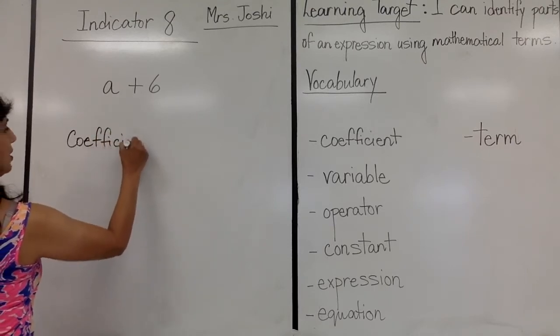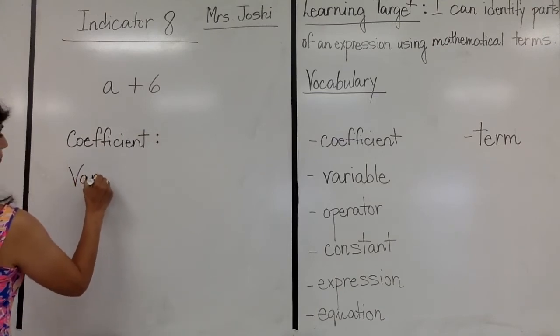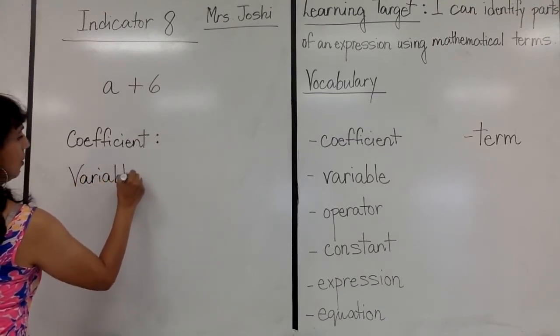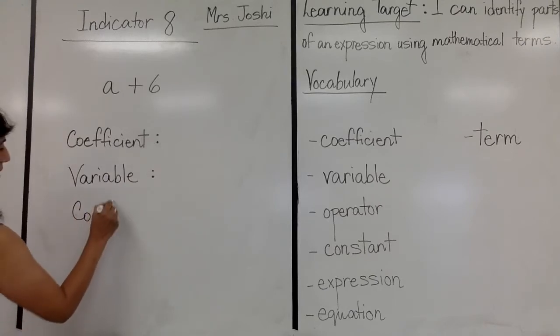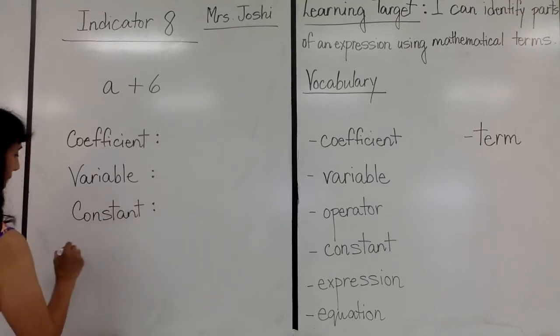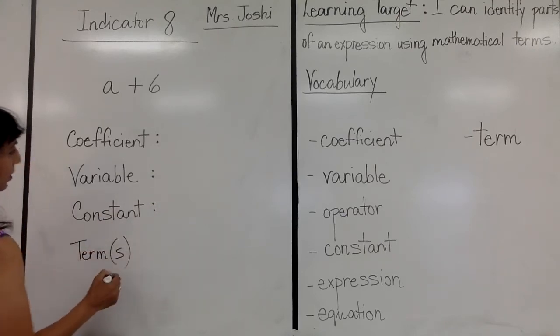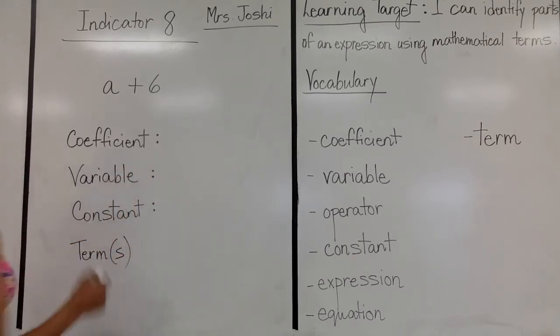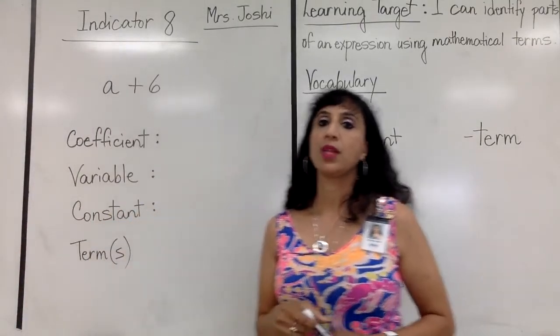We're looking for a coefficient. We are looking for a variable. We are looking for a constant. And we are looking for a term or terms. Now we've got a plus 6, which is an expression.